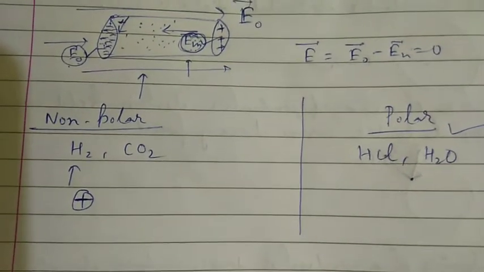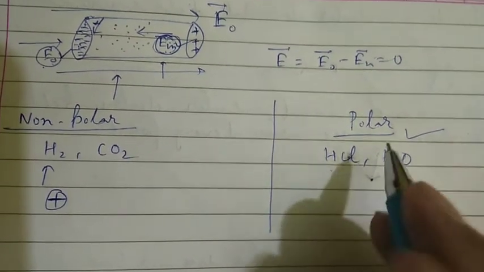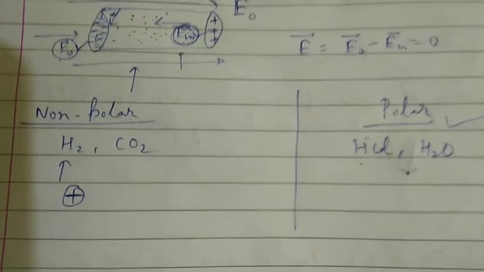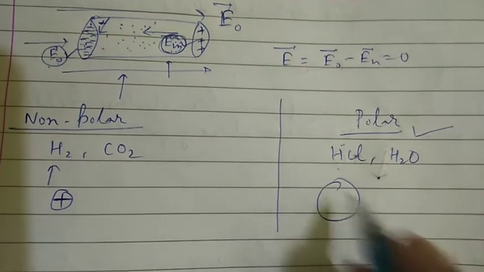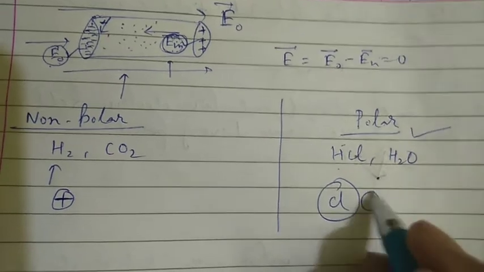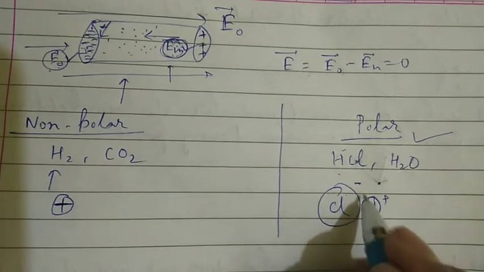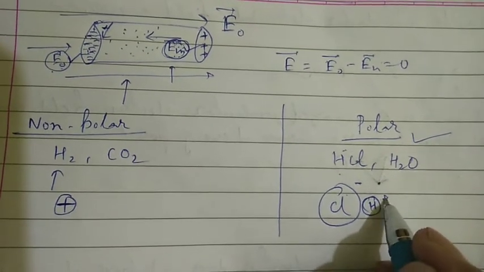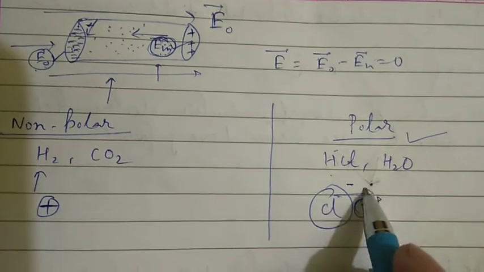For example, HCl: you already know that H is plus and Cl is minus, and this is how they are connected. From negative to positive, say this is Cl and this is H, this is slightly plus and this is minus. So there is a separation between positive and negative, so there is a dipole moment in this direction.